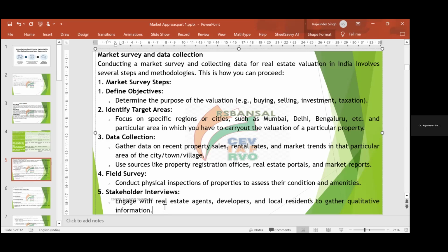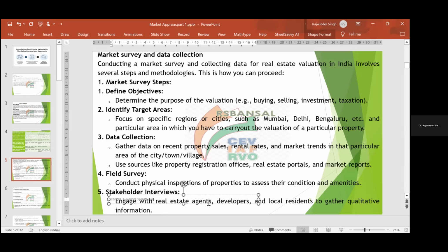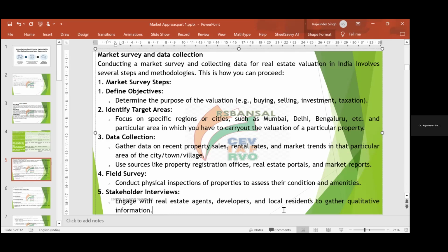So there are two sources. One, you can go to the registrar's office, real estate portals, and market reports, etc. Second source, most important, is real estate agents, developers, and local residents to gather qualitative information.